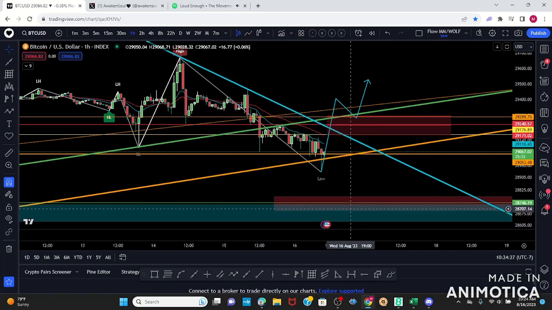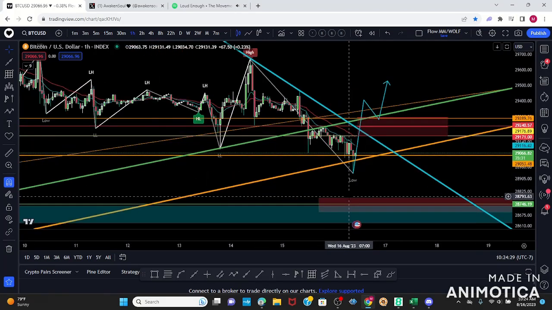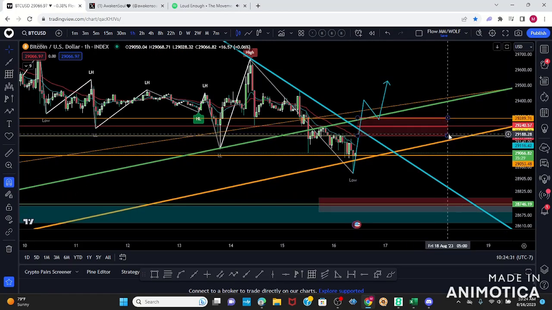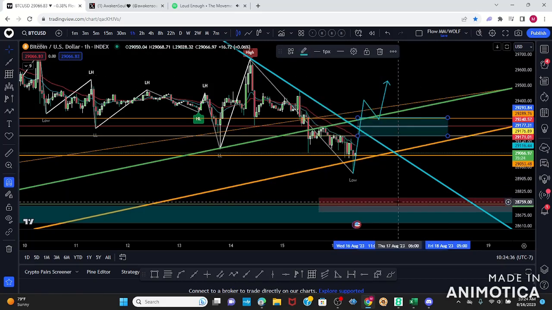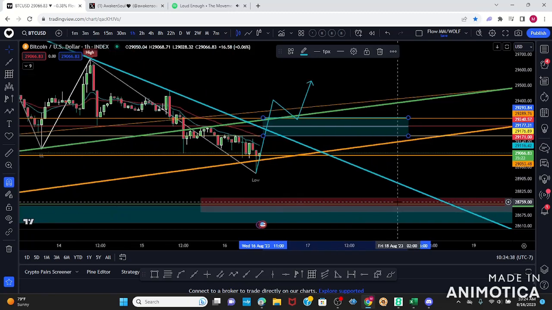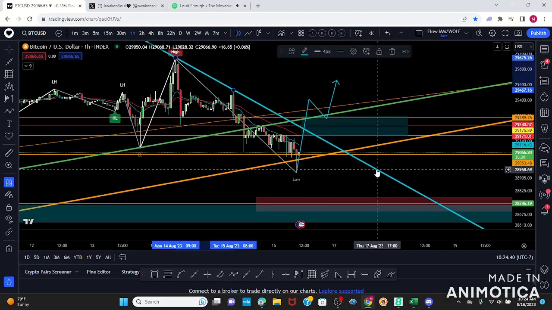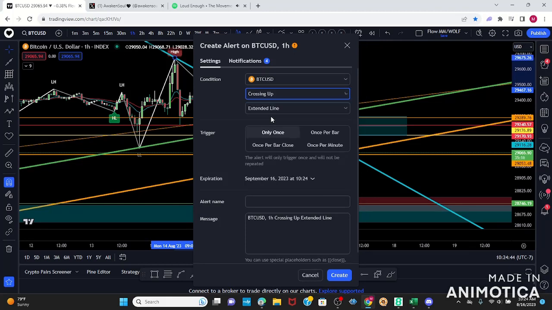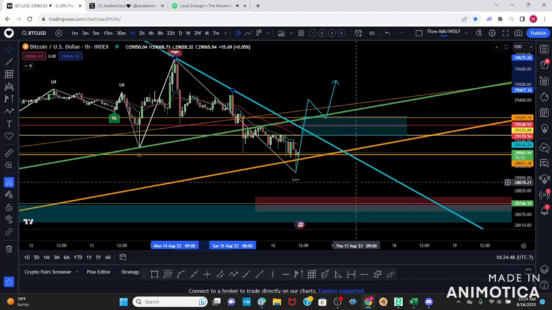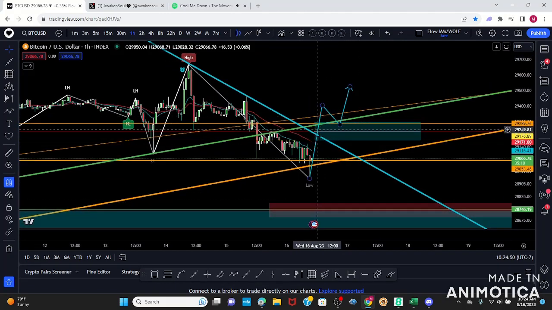So this would be my bullish scenario, my bullish play, because again, even though we're in a downtrend, you always have to be prepared for the unknown. So I'm going to set an alarm here, crossing up, and that's going to alert me. Whenever this crosses up, I'm going to come back and reassess and be like, okay, what's going on?